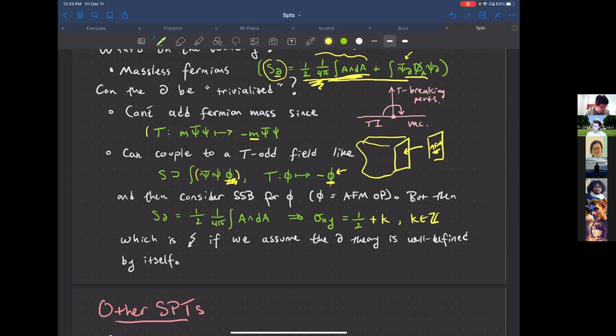Well, I mean, maybe I need to think about this more. Certainly the fact that you have this anomaly is telling you about the fractional quantum number coming here, and that is a statement that doesn't depend on whether you have spontaneous symmetry breaking or not, right? Because it's a statement about commutation relations of operators.